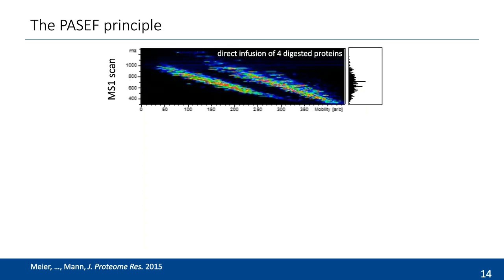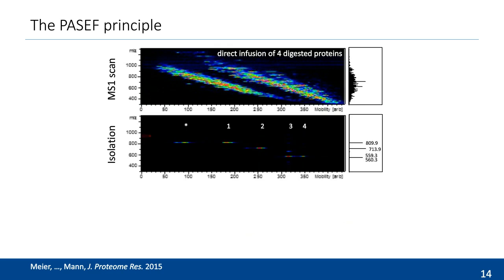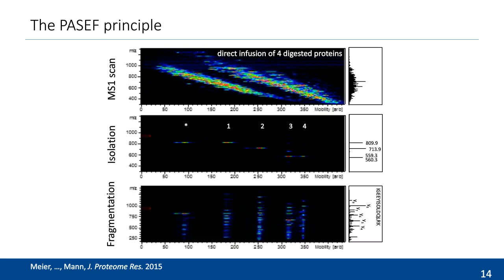So these slides here show a typical MS-MS experiment where we select precursors from the full scan, we isolate them with the analytical quadrupole, and fragment them in the collision cell. So as you can see here, we have nicely separated MS-MS spectra as a function of the ion mobility. And if you select a single precursor or a single MS-MS spectrum, it will exactly look like a standard MS-MS spectrum.